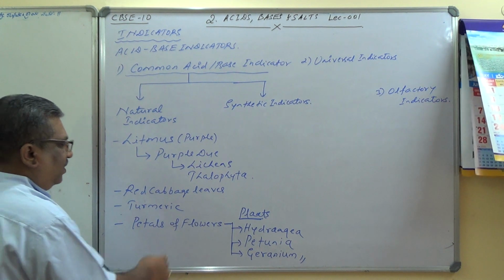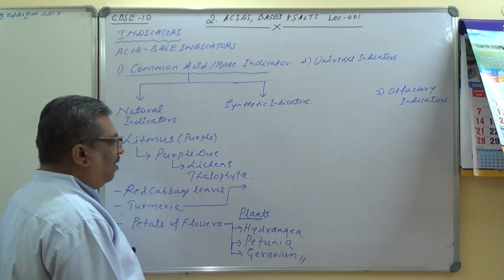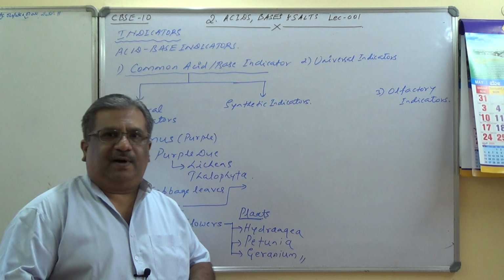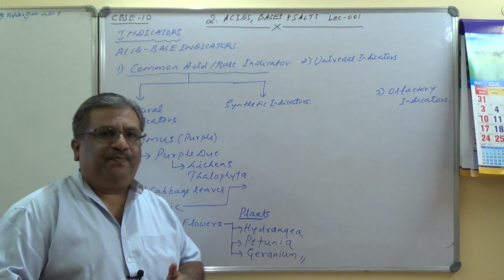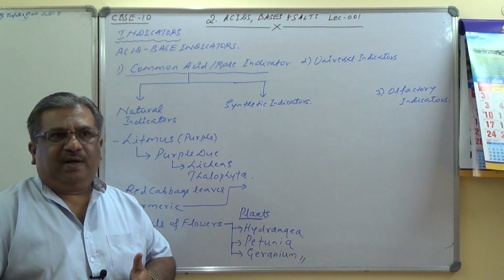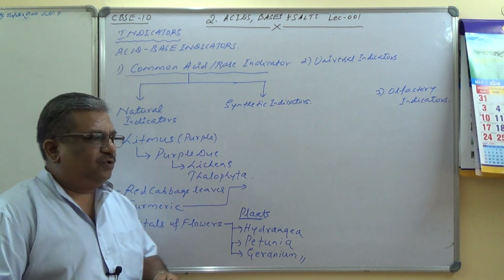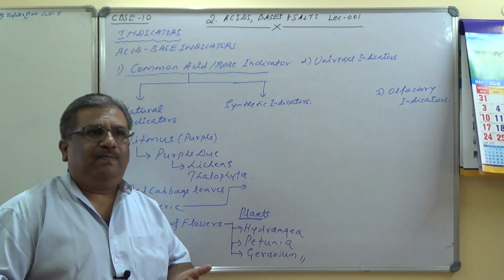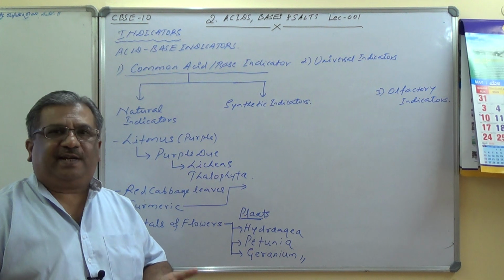So turmeric also, one example I'll give you. On a white cloth, if a drop of curry falls, whenever we wash and apply soap, that stain will turn into reddish brown color. The reason is the presence of turmeric in curry. The turmeric in curry turns reddish brown whenever it comes into contact with soap solution which is basic in nature.